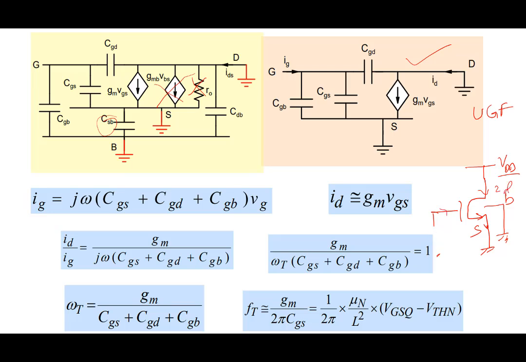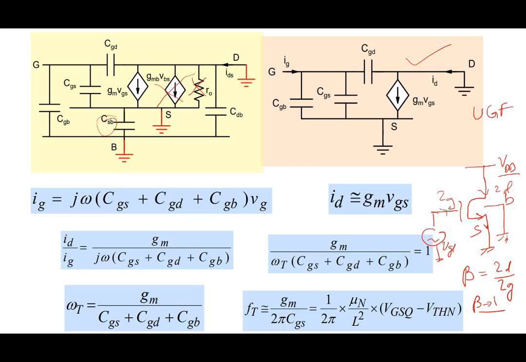Or you put here maybe a VGS and look at the current here, IG. And so what you're doing is defining a gain, beta, which is ID by IG, the ratio of drain current to gate current, the AC small signal current. And then you look at how beta changes with frequency. The place where beta goes to 1 is the one which we call the unity gain frequency.